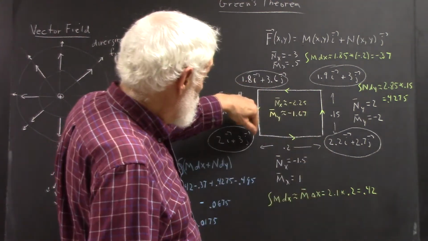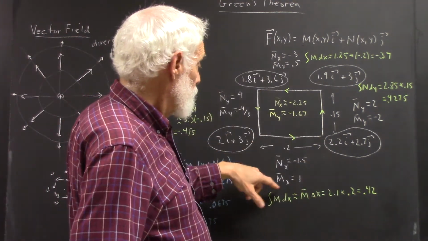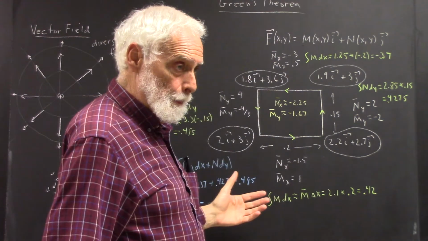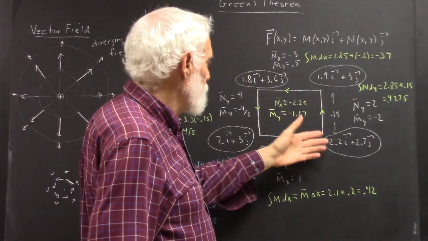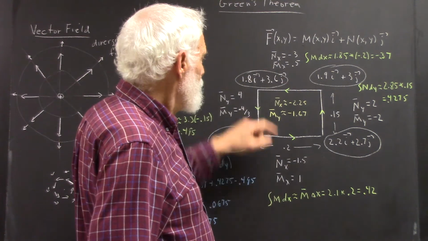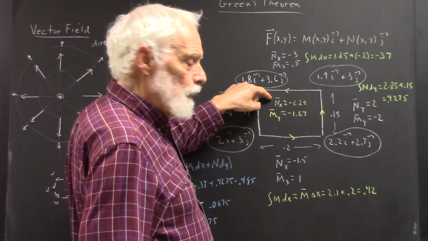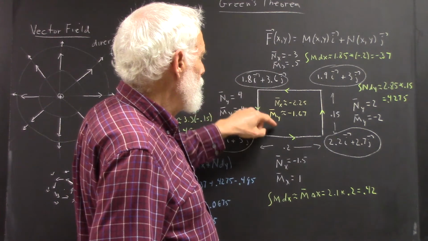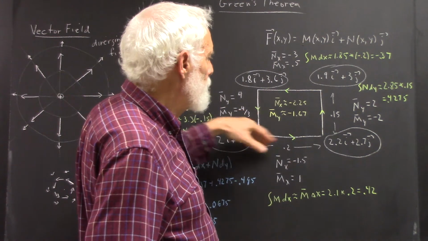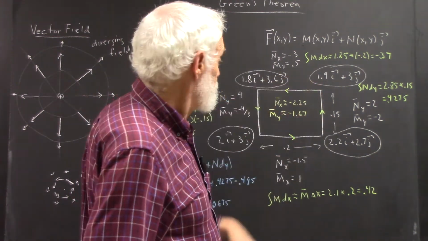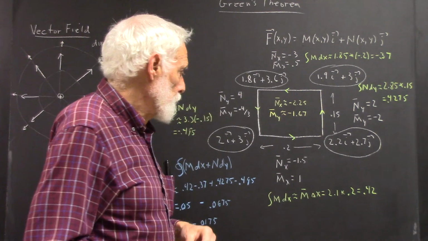Okay, so along each edge, we could calculate average values of N and M. Now we're not actually going to use those values on the edges except to get an average value of the x derivative of N and the y derivative of M within this rectangle. So let's see how that works out.